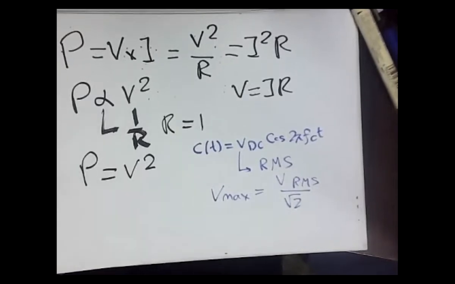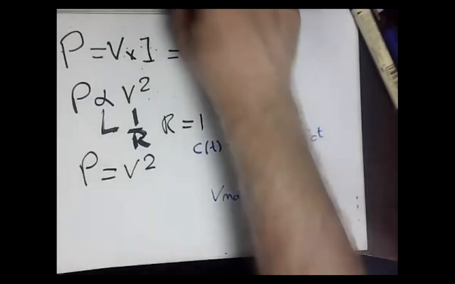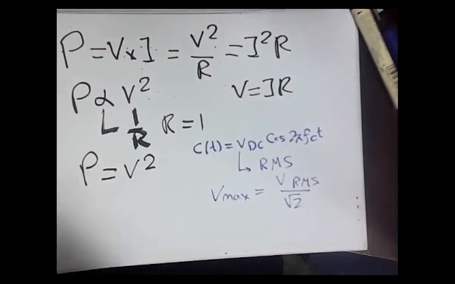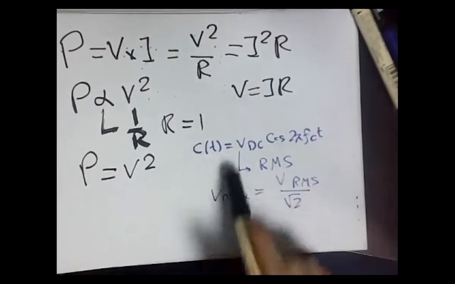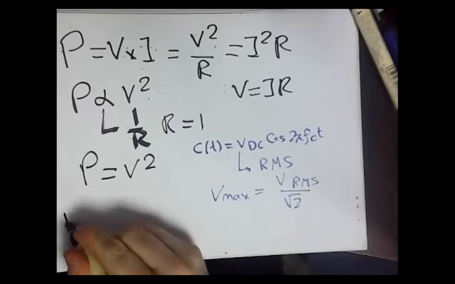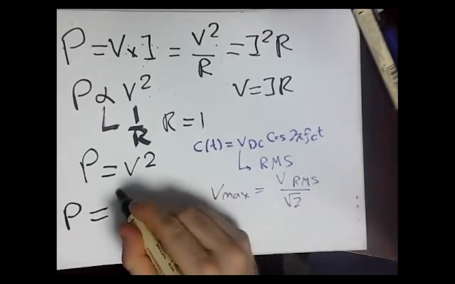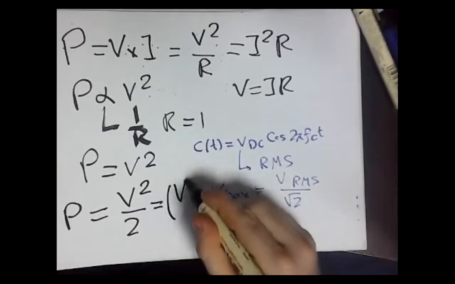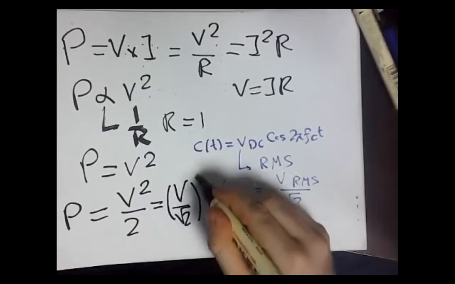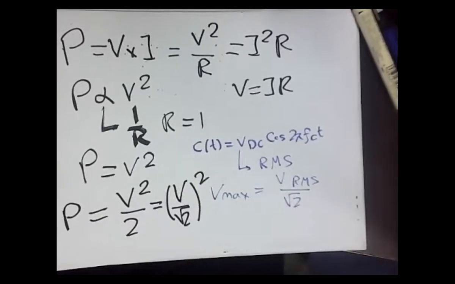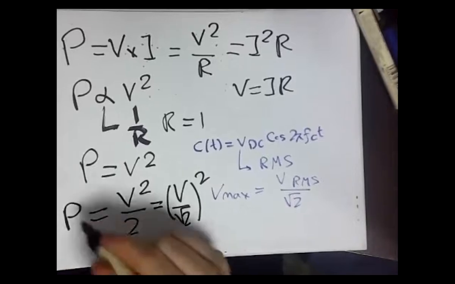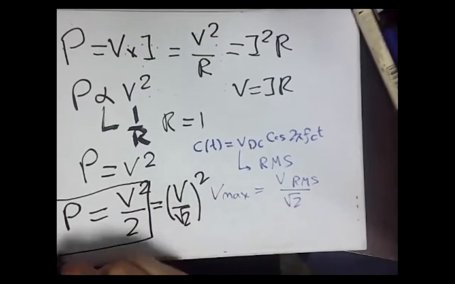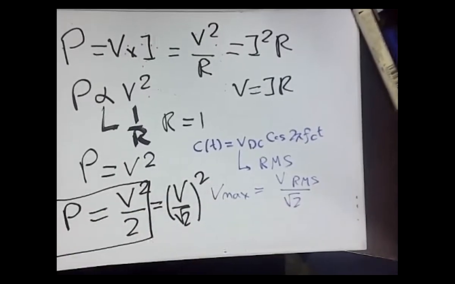So normally speaking, my dear students, whenever we are dealing with any communication signal in an AC format, we will say that the power equals the voltage of this signal squared over 2, which is simply V over root 2, squared. This is a rule. You will use it everywhere. Just pick up the voltage, square it, and you will get the signal power.